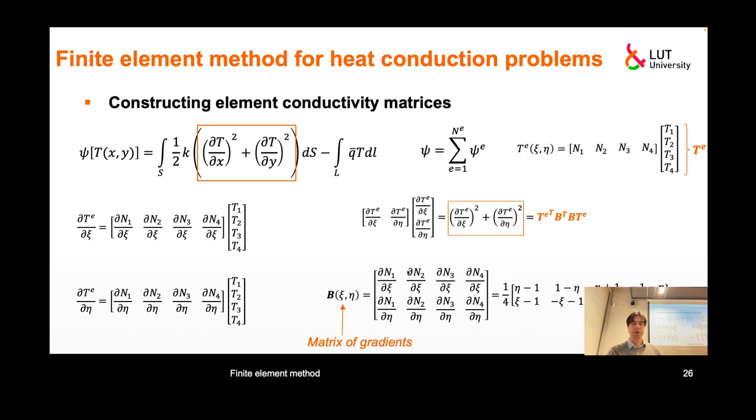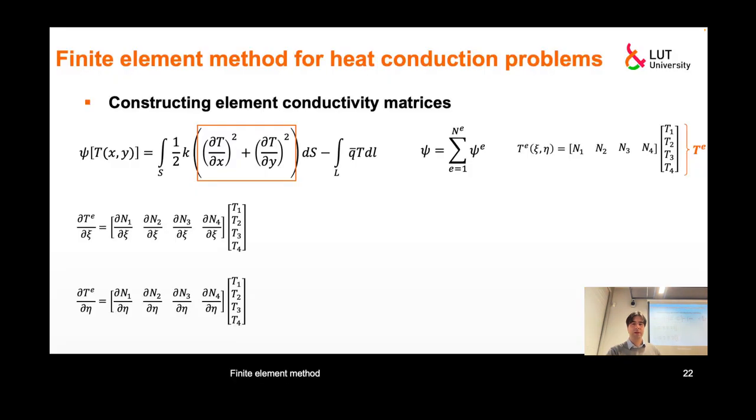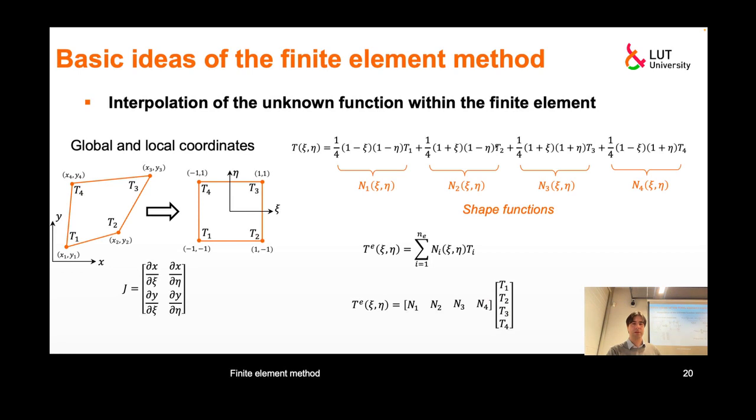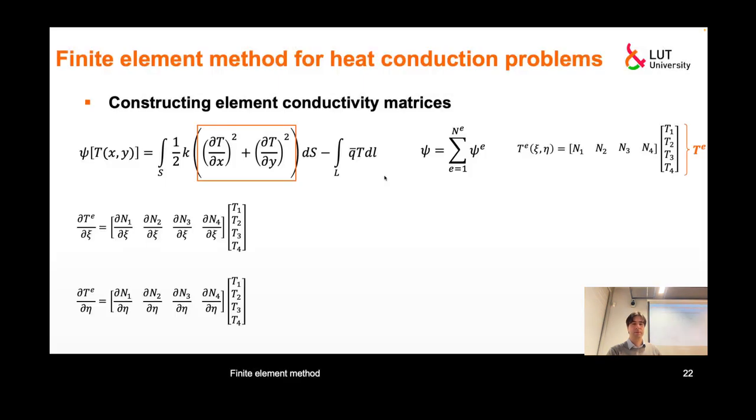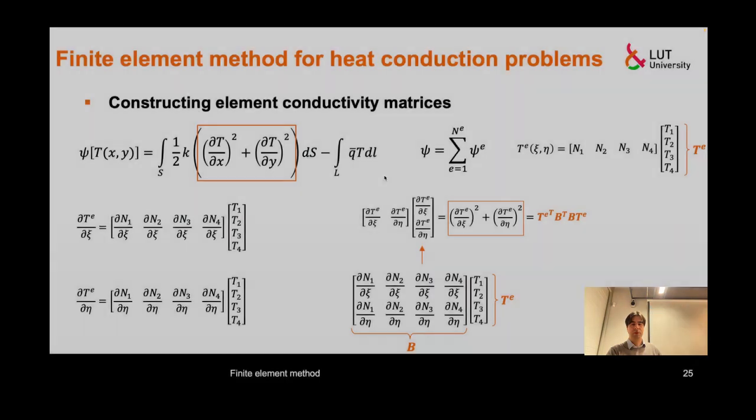In our case, the shape functions, they were somewhere here. Where are they? So those are shape functions. This is N1, this is N2, etc. And we can definitely calculate those partial derivatives. Why not? So partial derivative of N1 with respect to xi will result in minus 1/4 times 1 minus eta, right? So that's what I did here.